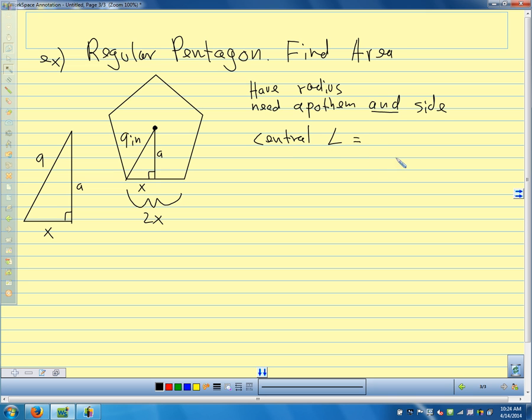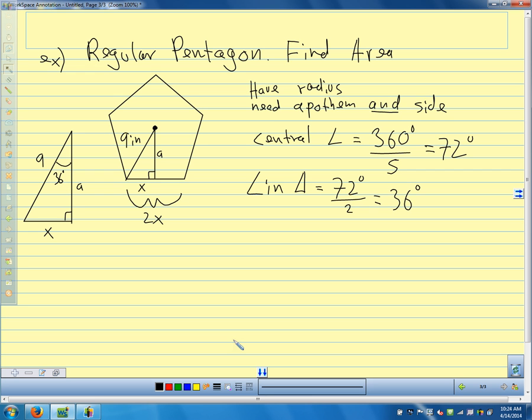Our central angle is 360 degrees divided by the number of sides. The angle in the triangle is half that. And half of 72 is 36 degrees. So this angle, coming from here, is 36 degrees.